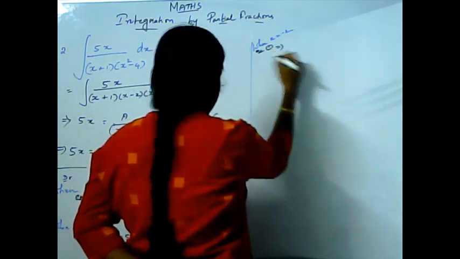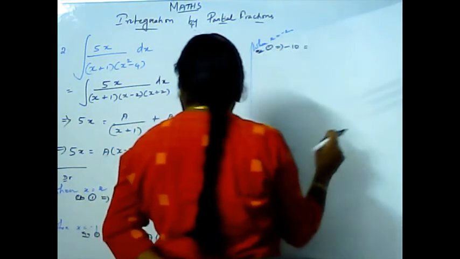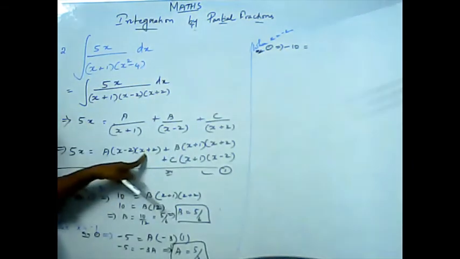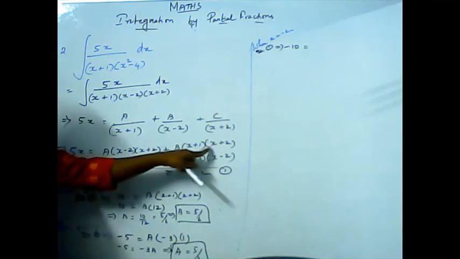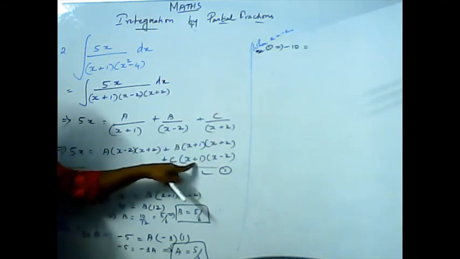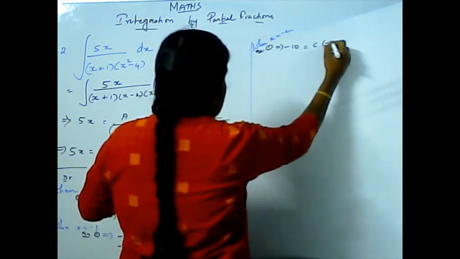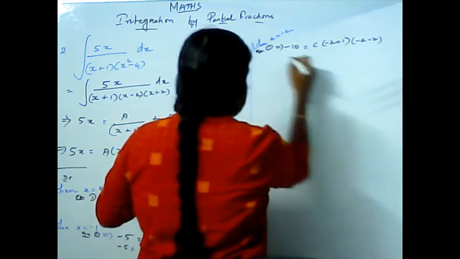When x is equal to minus 2, equation 1 becomes minus 10 is equal to, when I substitute minus 2 here, this becomes 0, and here this also becomes 0. But here I will be left with C into (minus 2 plus 1) into (minus 2 minus 2).